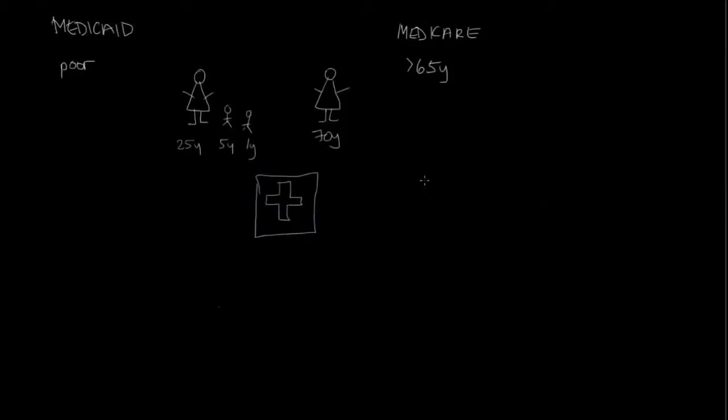If you are over the age of 65, the federal government, meaning the part of the government based in Washington, D.C., will be responsible for paying any bills that our hypothetical 70-year-old woman has in the course of getting her medical care. So the federal government sends that out, doesn't matter what state this woman lives in, and they assume 100% of the insurance responsibility and the costs for her medical care.